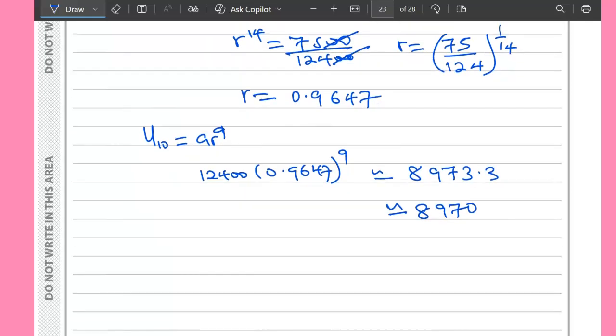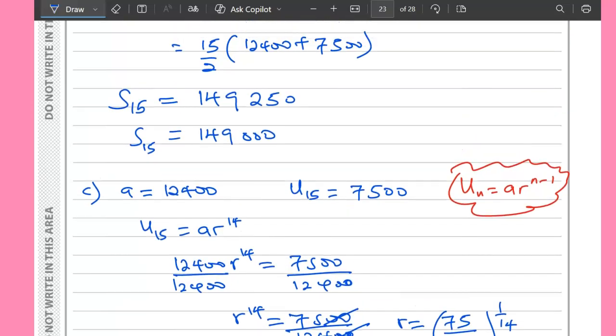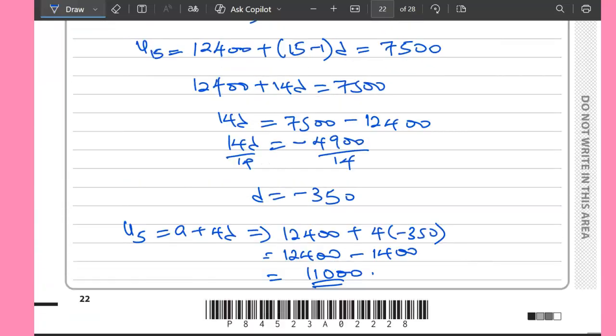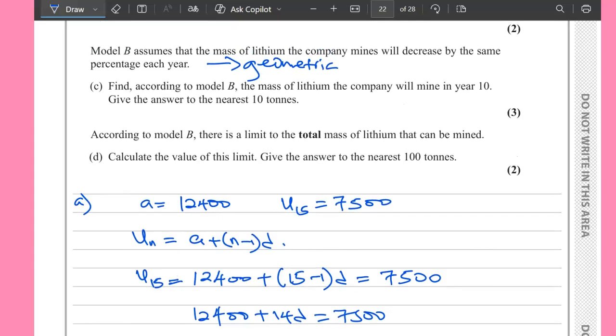Then the last part D, going back to the question, you've been given: calculate the value of this limit. So this limit means we are interested in the sum to infinity. Give the answer to the nearest 100 tons.